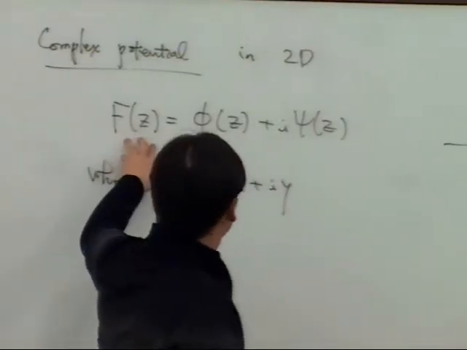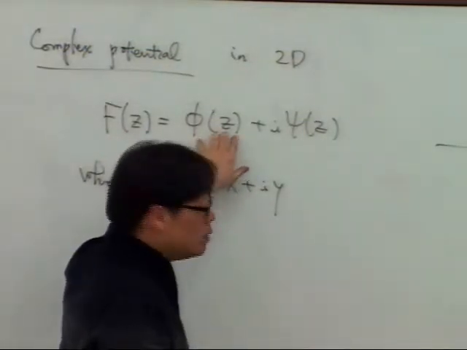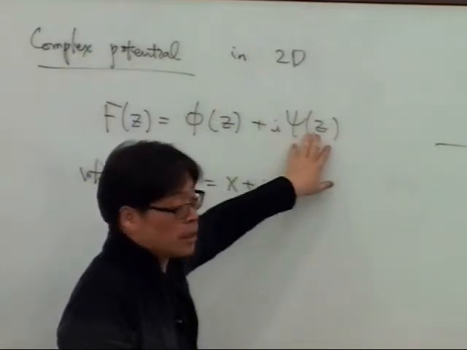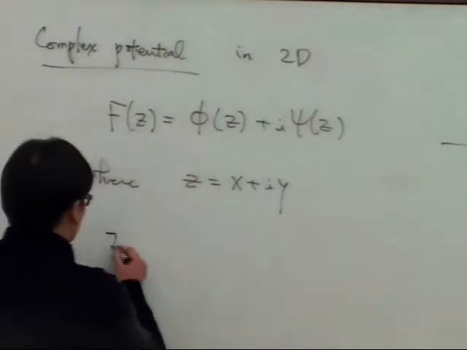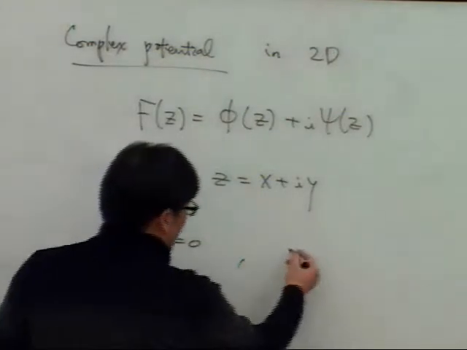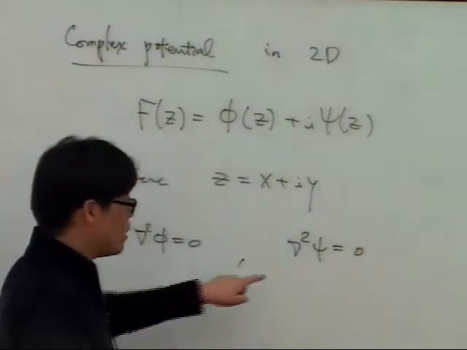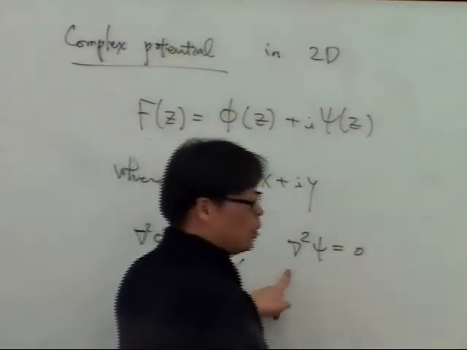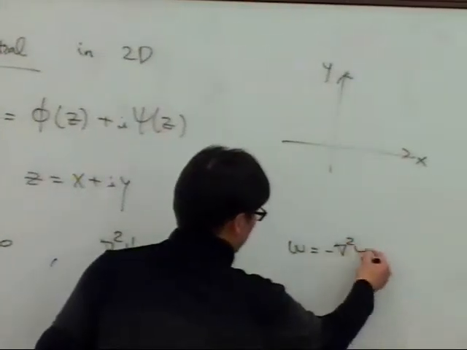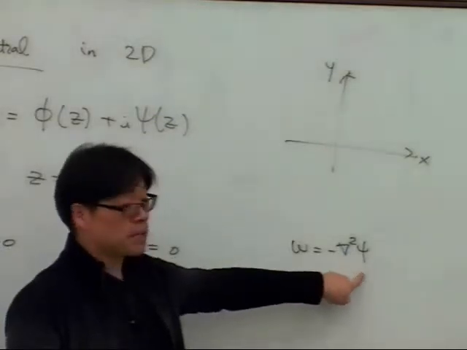And this complex potential can be written in this way: velocity potential plus i times stream function. Remember that velocity potential satisfies Laplace equation, and stream function also satisfies Laplace equation for irrotational flow. From definition, the vorticity is given by minus the Laplacian of psi.